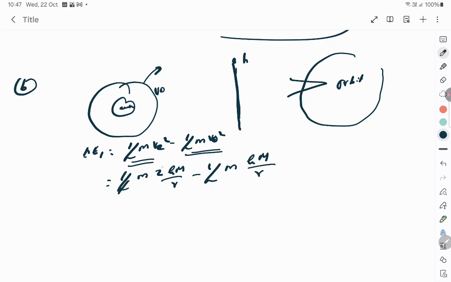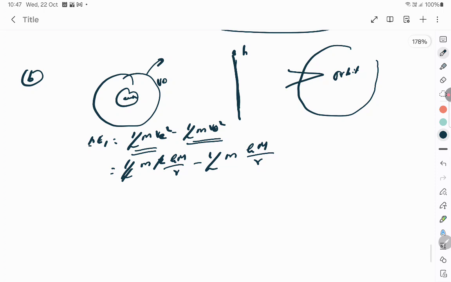So the 2 and 2 get cancelled, and therefore you get G capital M small m by r minus G capital M small m by 2r. So the answer will be G capital M small m by 2r. That's the answer for delta E1.